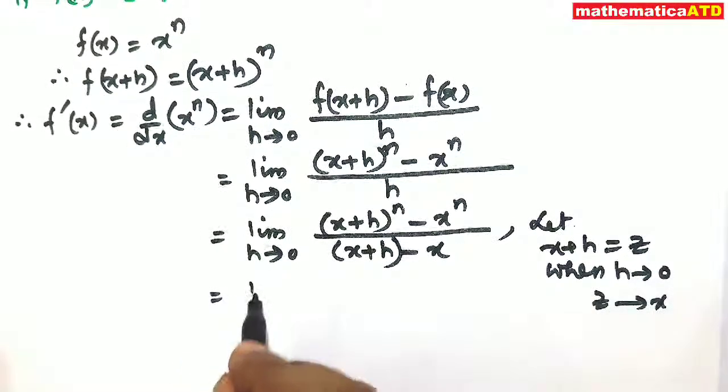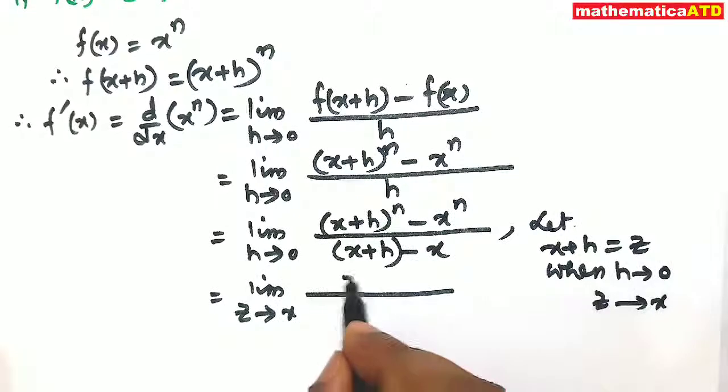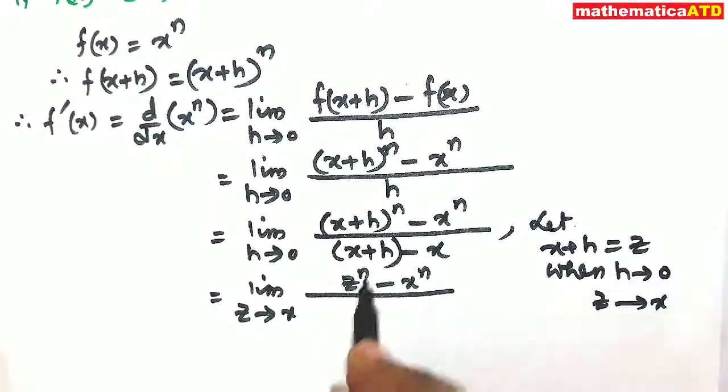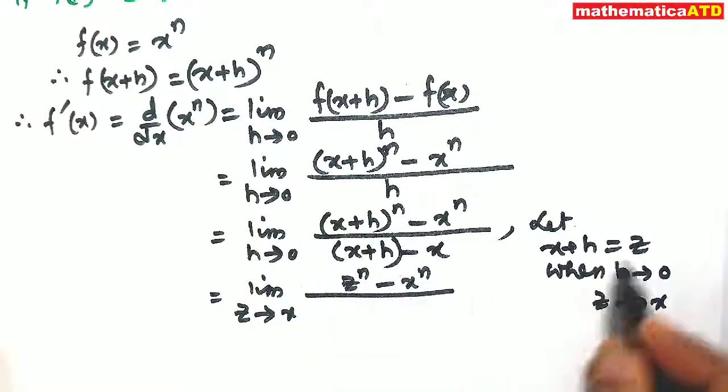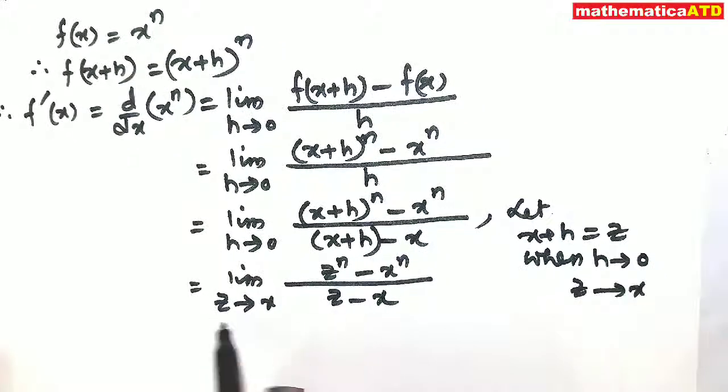So we can write limit z tends to x, where x+h is z, so z to the power n minus x to the power n whole divided by (x+h) which is equal to z minus x. So friends, limit z tends to x of [z to the power n minus x to the power n] upon [z minus x]. What is the formula we can use here?